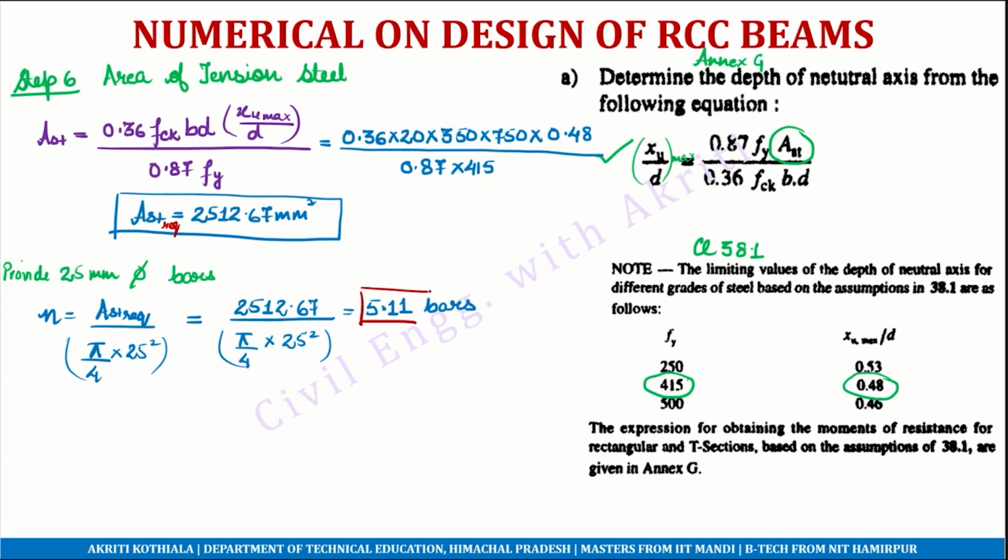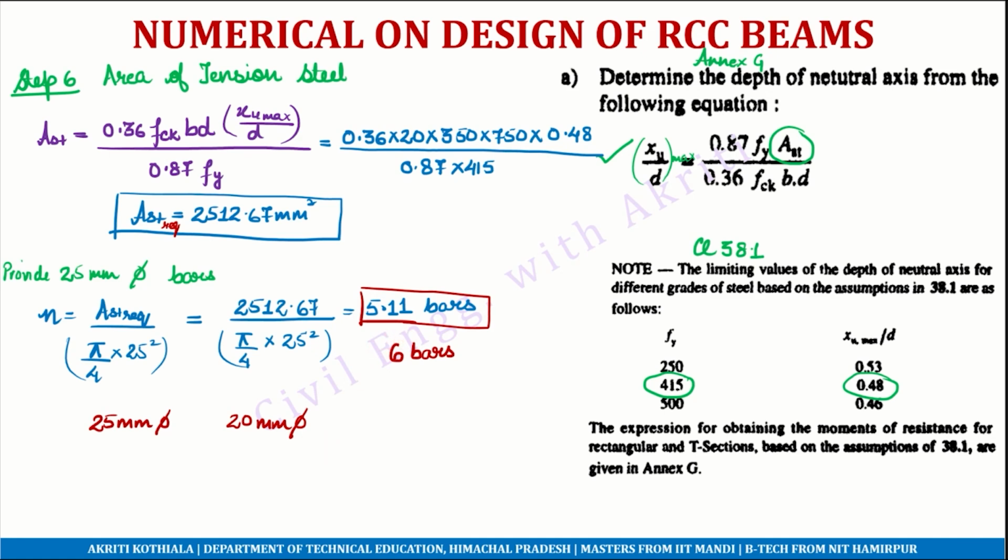Now we know that we won't be able to provide this in decimal, so we'll have to provide 6 bars. However, the difference between 5.11 and 6 bars is significant and we are wasting a lot of steel here, so to make it more economical, we will be providing two different diameters. We can split this area of steel into 25 diameter bars and 20 diameter bars, so that the difference caused by increasing 5.11 to 6 bars can be reduced.